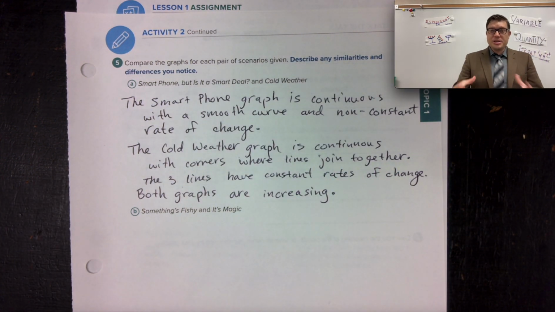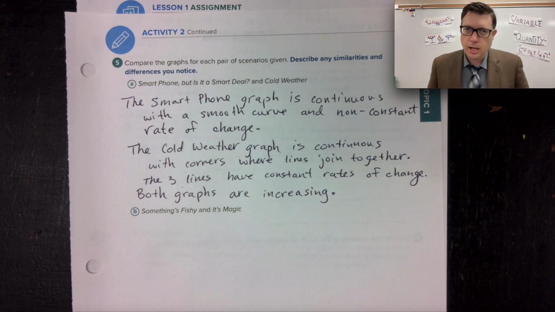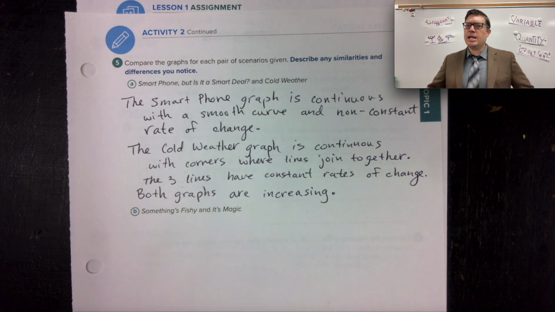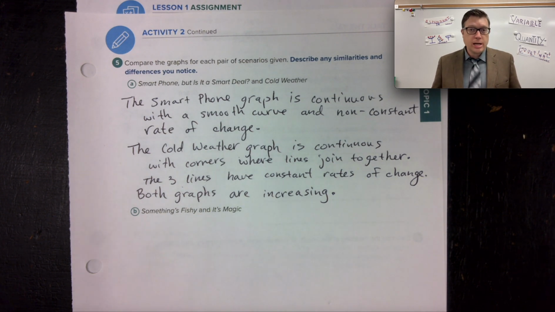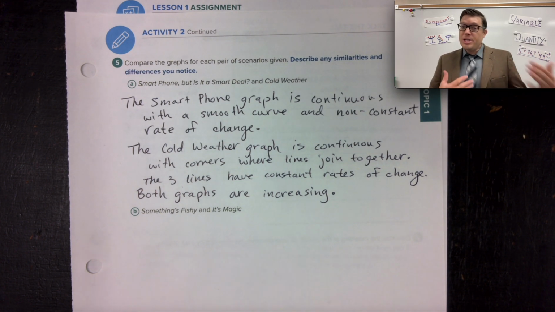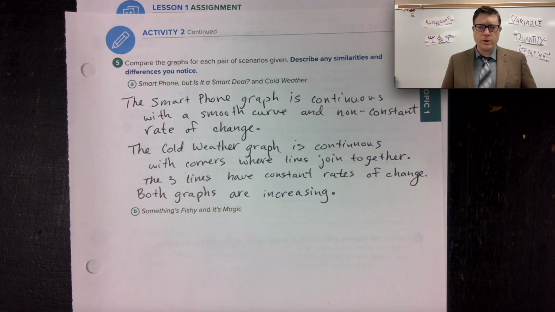Okay, this is the point of the video where there's a lot of writing. Because to be proficient and communicate our understanding of the graphs that we're talking about, we need to be able to say with words what's happening. So these are my 3 sentences that I've said for smartphone compared to the cold weather graph.